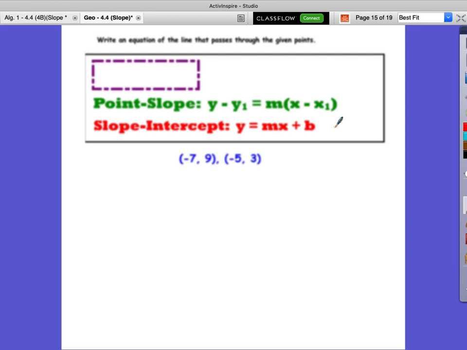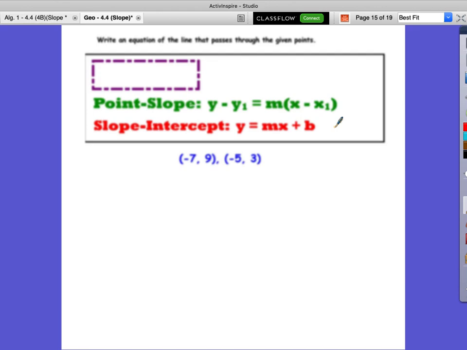So subtract the y's. Doesn't matter whether you do 9 minus 3 or 3 minus 9. But what does matter? If you do 9 first, what has to be first and last? Rise over run, the y's on top and the x's on the bottom. The 9 and 3 have to go on top.